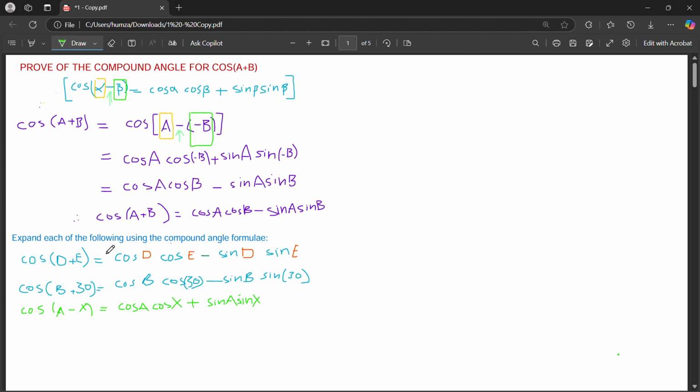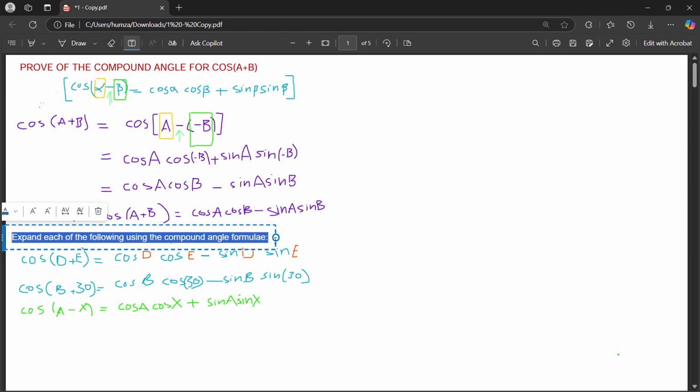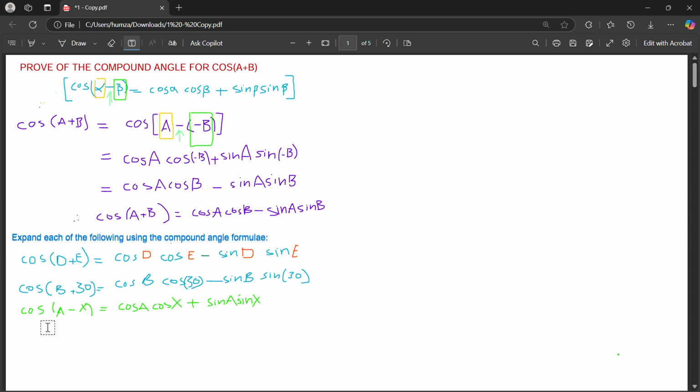Now they could give you the expanded notation and say, we have the expanded notation, now you are going to write the simplified form, or they could just ask you to simplify the expanded notation.